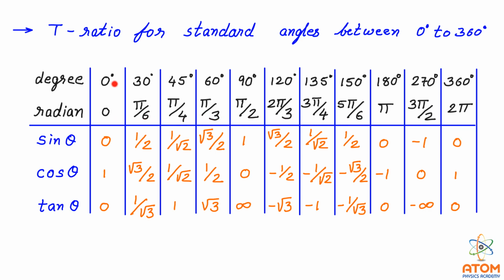You can see 0 degree is 0 radian, 30 degree is pi by 6 radian, 45 degree is pi by 4 radian, 60 degree is pi by 3 radian, 90 degree is pi by 2 radian, 120 degree is 2 pi by 3 radian, 135 degree is 3 pi by 4 radian, 150 degree is 5 pi by 6 radian, 180 degree is pi radian, 270 degrees is 3 pi by 2 radian, and 360 degrees is 2 pi radian.